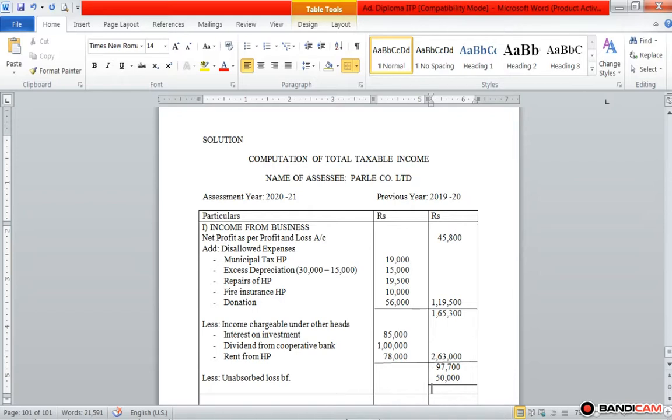Here we get minus 1,47,700. So here is the loss.